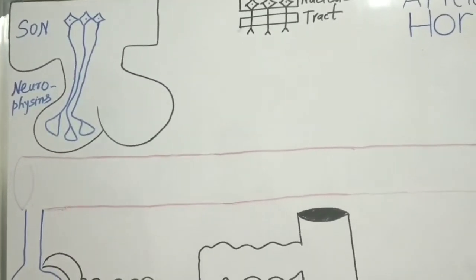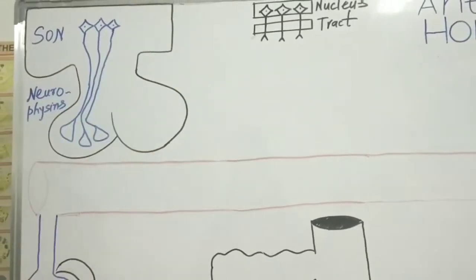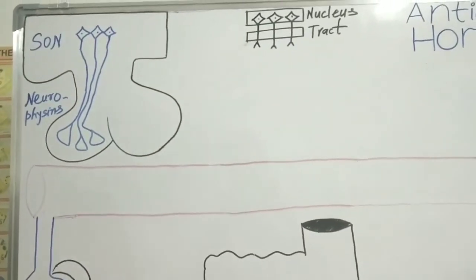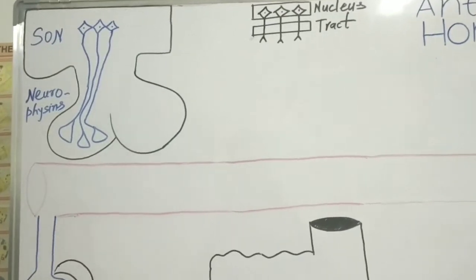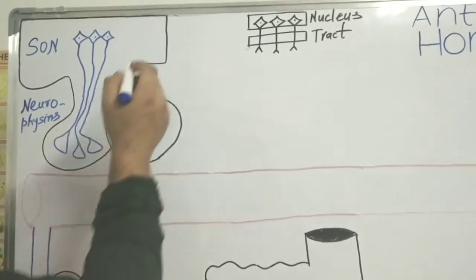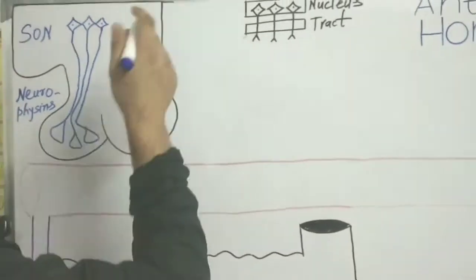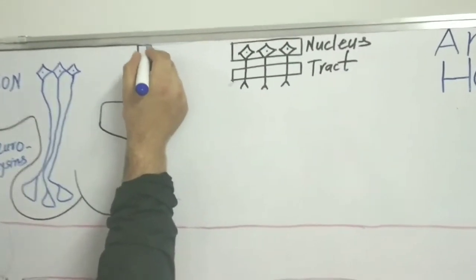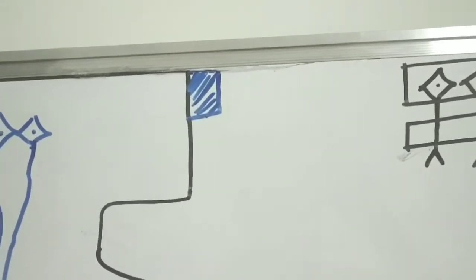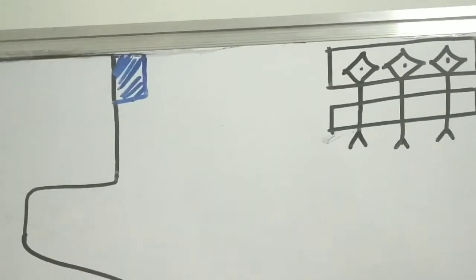Now you need to remember, anterior to the hypothalamus there are some structures. The first structure is called the subfornical area, or subfornical organ. Suppose this is the first area anterior to the hypothalamus, which I am showing in blue color.